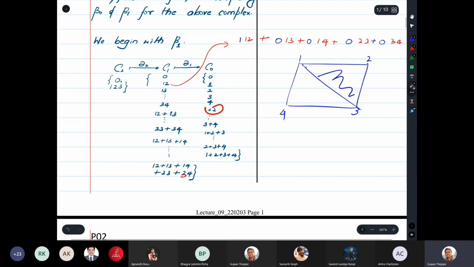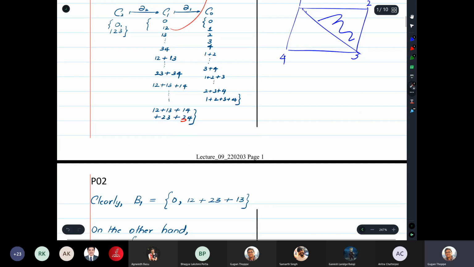Then you look at the 0 chains where the support is 2 and so on. And the final 0 chain is the one where the support is 4. So in this way you can construct C2, C1, C0, and I'm sure most of you must have guessed that the dimension of C0 is 4. So this has dimension 1, this has dimension 5, and this has dimension 4. So we have all the information now, and we can now proceed towards computing Betti 1.